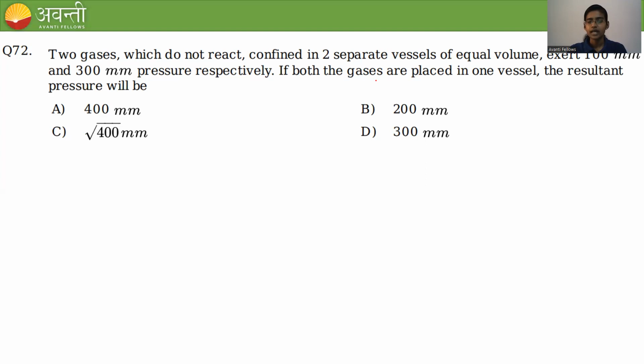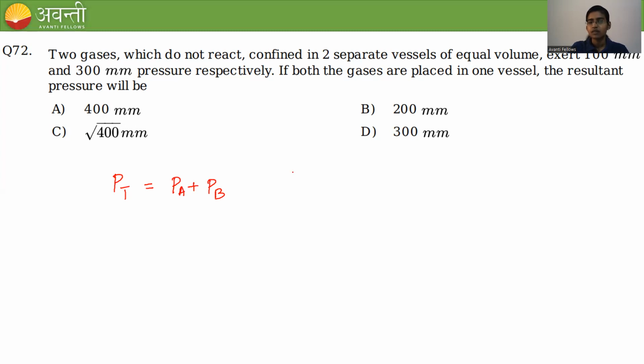So both the gases are present in one vessel and we are asked to find out the resultant pressure. And the two different systems' pressures are given. So we know that it is very easy. The total pressure is equal to the sum of the partial pressures, right? That is PA plus PB.